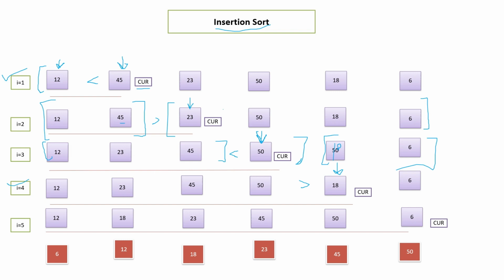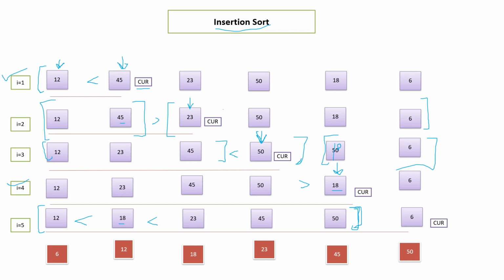We find where the current element needs to fit so that our sorted array does not become unsorted. We find the right position for 18, and it fits here because 18 is greater than 12 and 18 is smaller than 23.